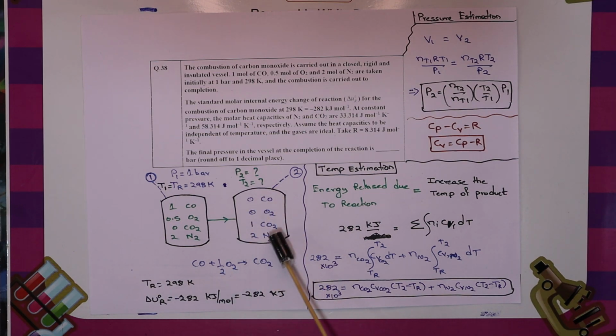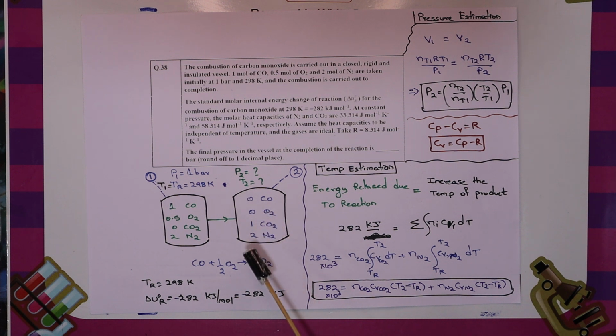After this reaction, only CO2 will be present, because CO and half O2 gives rise to CO2. So in state 2, CO2 will be present and nitrogen will be present. Because this is an exothermic reaction, the energy released increases the temperature of the container. If no heat comes out of the system, all the heat released will increase the temperature of the products, which is CO2, and the inert, nitrogen.